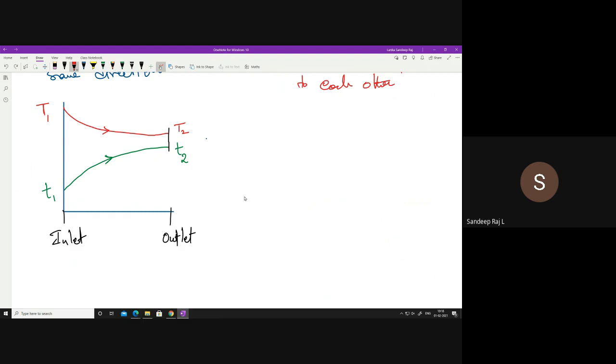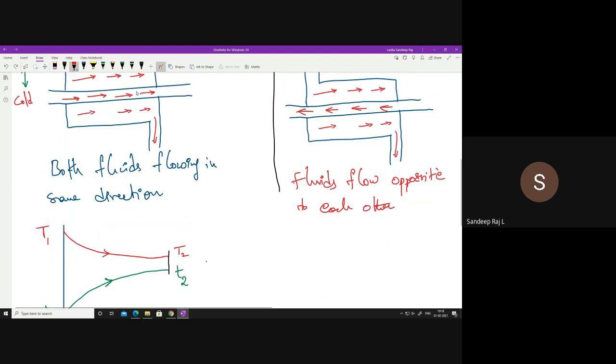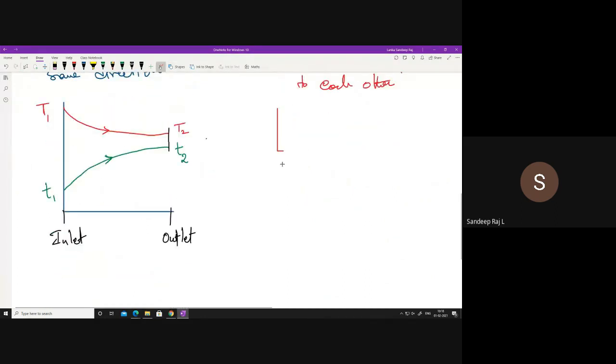Moving to the counterflow heat exchanger. Let us draw the temperature profile here.